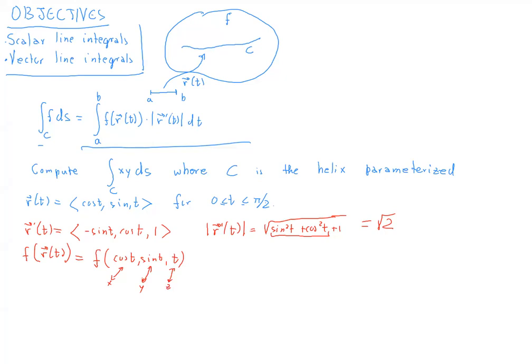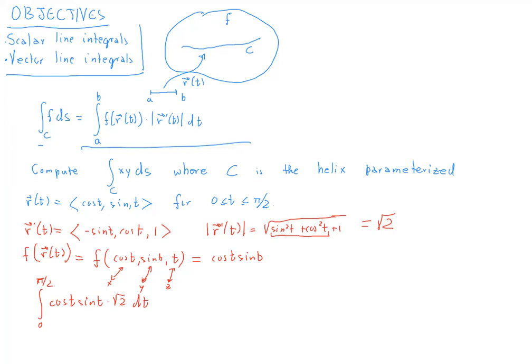Here we only have x and y, so this would give us cosine t times sine t. And when we put everything together, we will have the integral from 0 to pi over 2. That's the interval of parameterization. Cosine t sine t times square root of 2 dt.